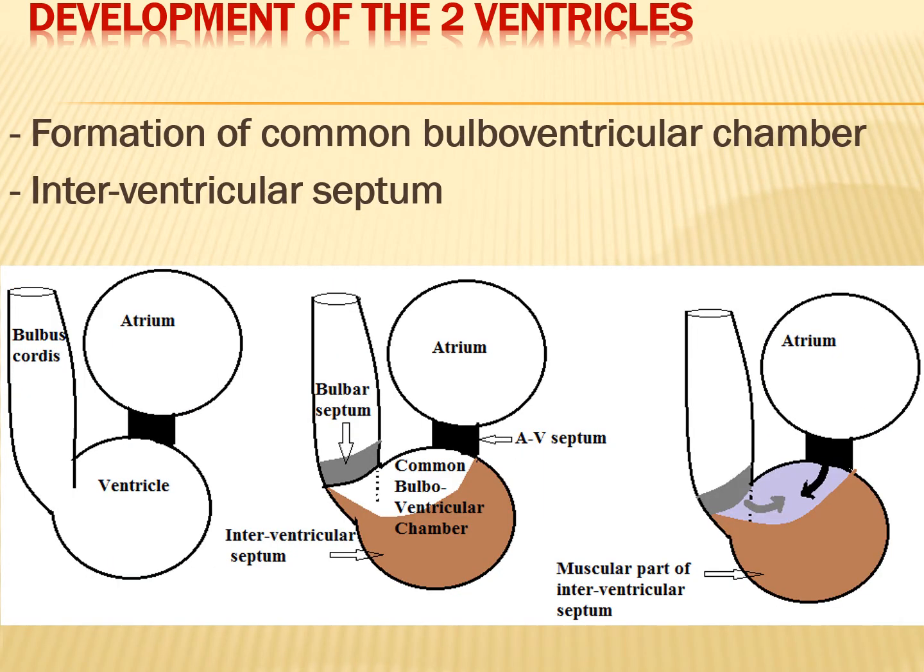Development of the 2 ventricles. The proximal part of the bulbus cordis, this is the ventricle, this is the bulbus cordis as we see in the diagram, is added to the original chamber of the ventricle to form the common bulboventricular chamber.